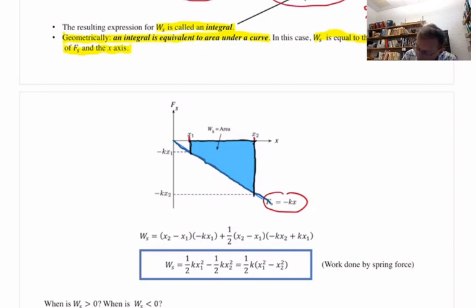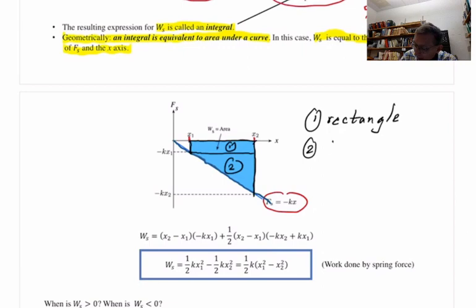Note that it's convenient to divide this area up into 2 parts. Part 1 and Part 2. Part 1 is a short rectangle, and Part 2 is a triangle. And I just need the area of each one of those, symbolically.